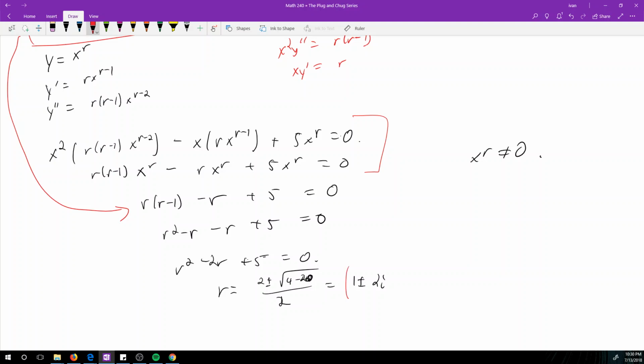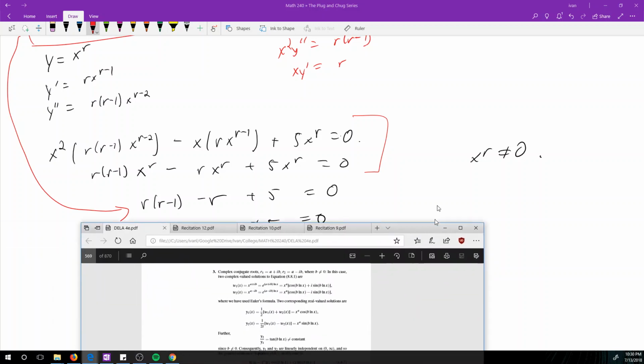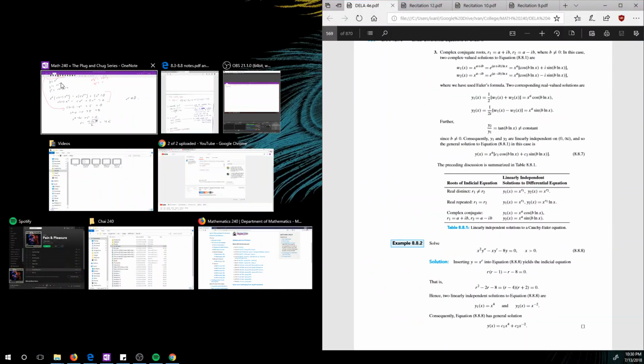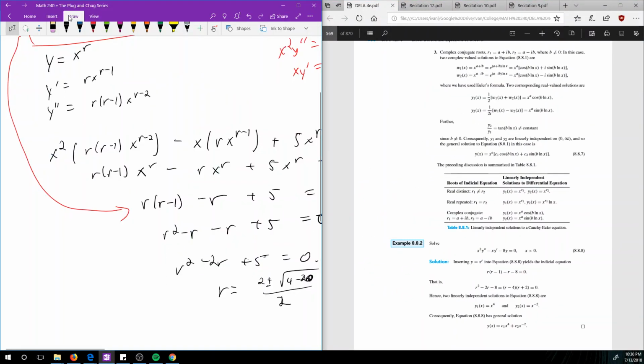So now you have r is equal to 1 plus or minus 2i. How do I write a solution for that? It's actually simpler than you think. In your textbook, it literally tells you what to do.